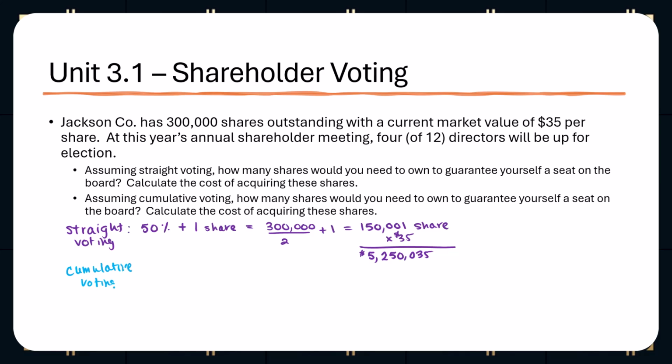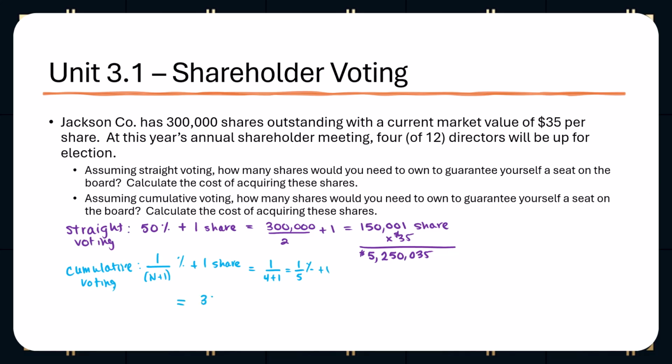Now let's look at the cumulative voting. Recall the equation for this. With cumulative voting, we need 1 over n plus 1 percent plus 1 share, where n is the number of directors being elected in that period. So we're going to take 1 over 4 plus 1, which is 1/5, or 20%, and then we're going to add 1 share. So we need 1/5 of the shares plus 1 in this part of the problem.